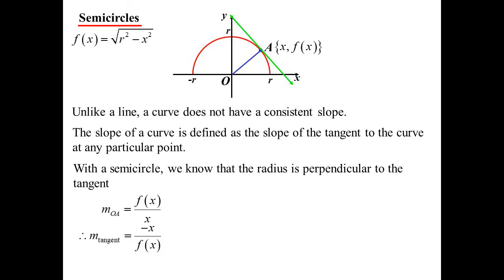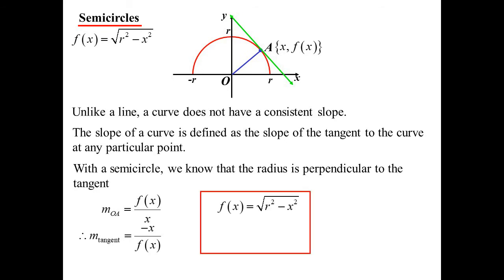So therefore, the slope I want is the negative inverse of that. So minus x on f(x), and we can make that even better because we know f(x) has an equation. So if the function is the square root of r squared minus x squared, then its gradient function would be minus x over the square root of r squared minus x squared. Semicircles, again, using geometry, reasonably easy.